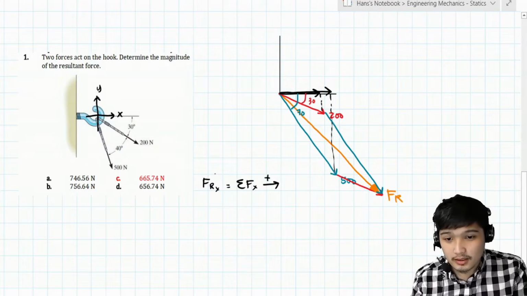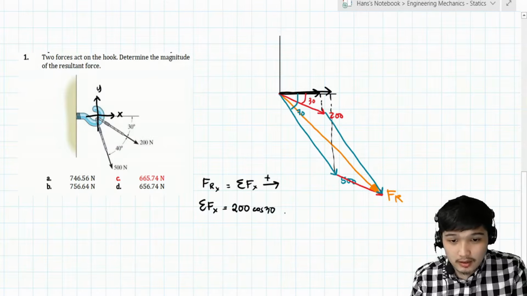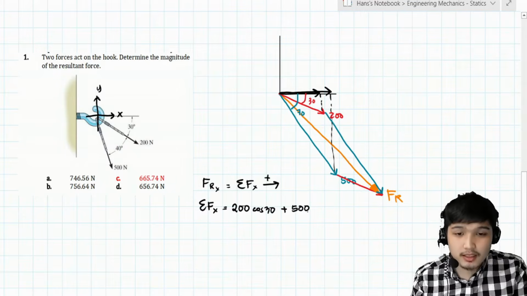So, ganun lang class. Summation ng forces along X. So, yung 200 muna. So, that is 200, 30 degrees. So, that is cosine of 30 towards the right. And then, yung 500 towards the right din. So, plus 500 cosine of 70 naman.